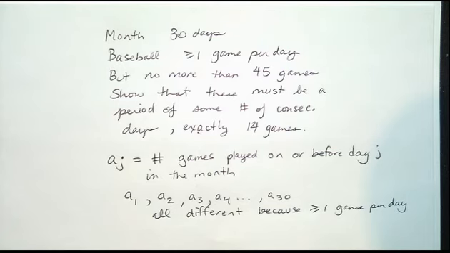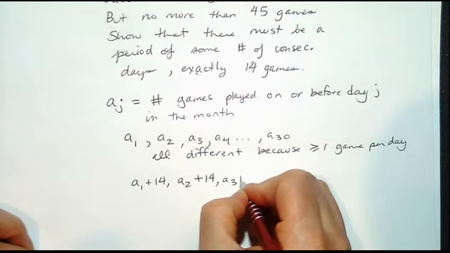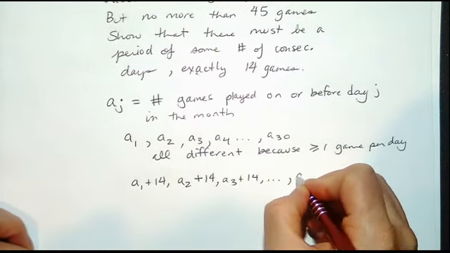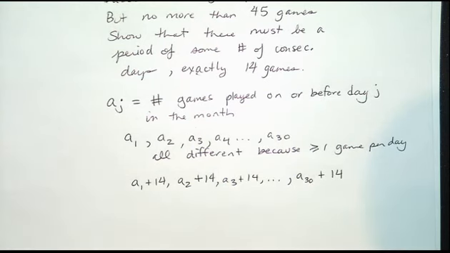So how we represent that is by making a list of all of these numbers, but adding 14 to each one of them. So this is the list of numbers I'm actually looking for. I want to prove that one of these numbers between A1 and A30 is equal to one of these numbers in this list.